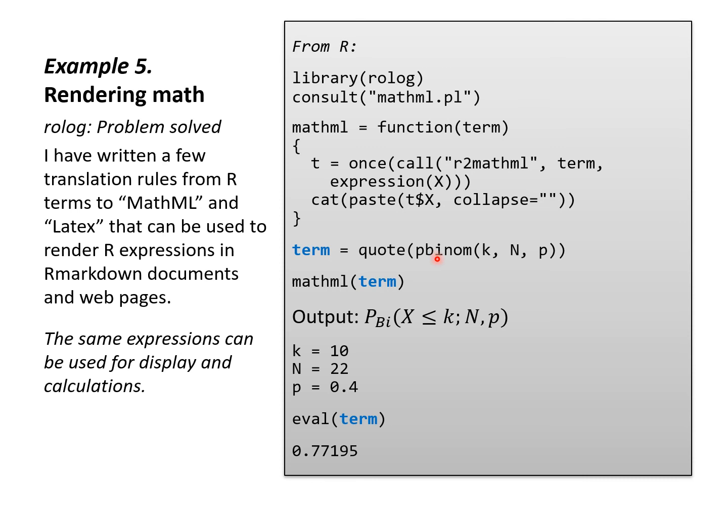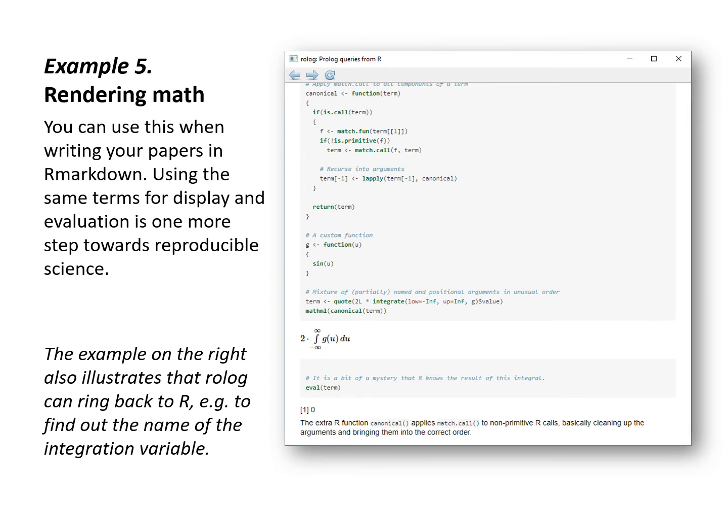And with the help of the Prolog bridge, you can either render it on screen in nice mathematical typesetting, and at the same time, you can calculate with it, as shown below, using the eval command. In other words, the same R objects are used for display and calculations, which is one more step towards reproducible science.